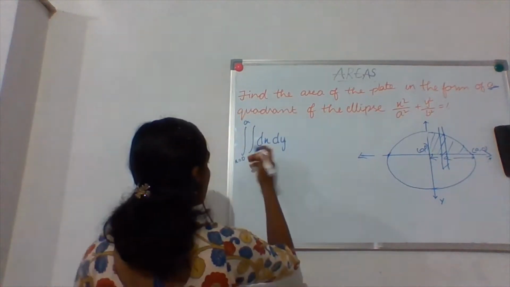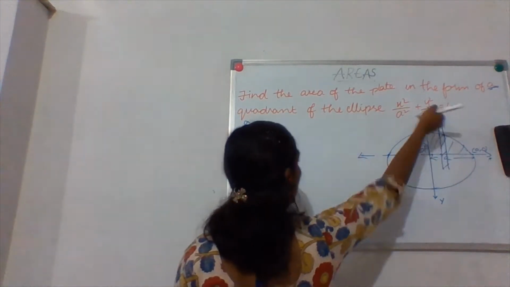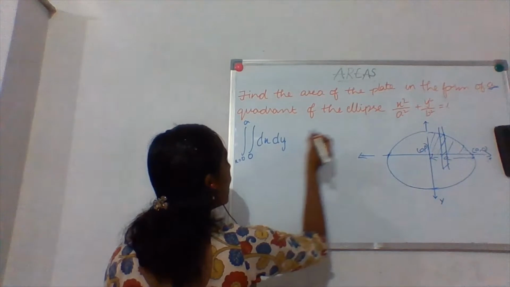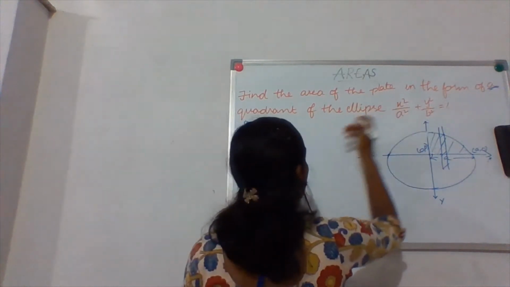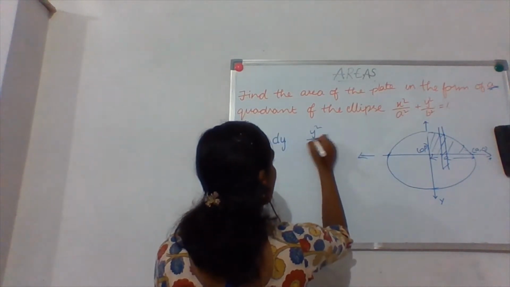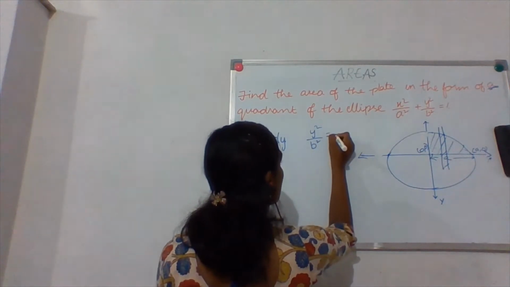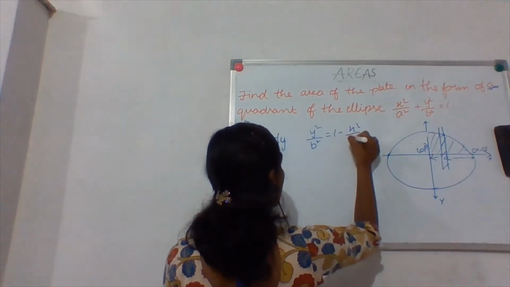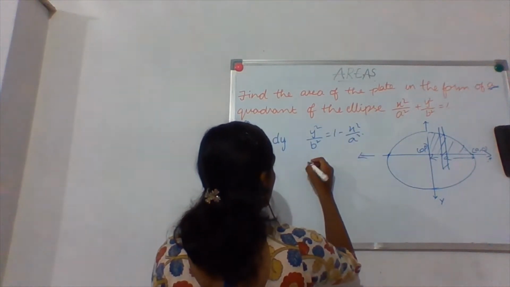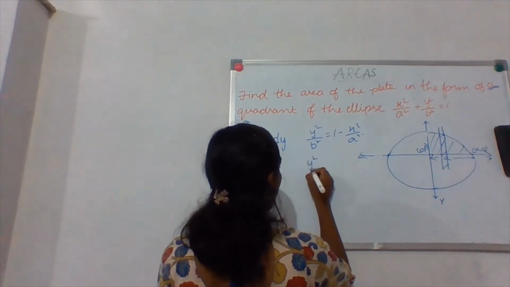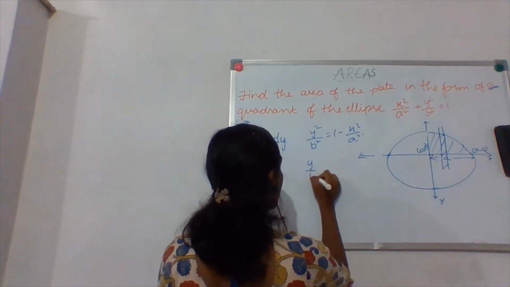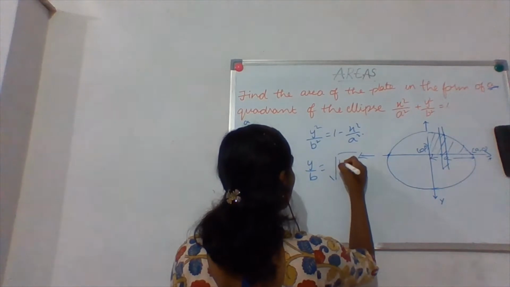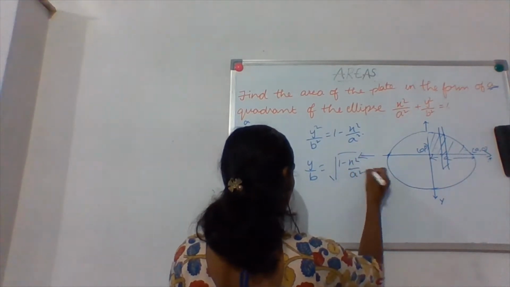Yes. So the limits would be from 0 to, you have to find it over here: y square by b square is equals to 1 minus x square by a square, right? So y by b is equals to root of 1 minus x square by a square.